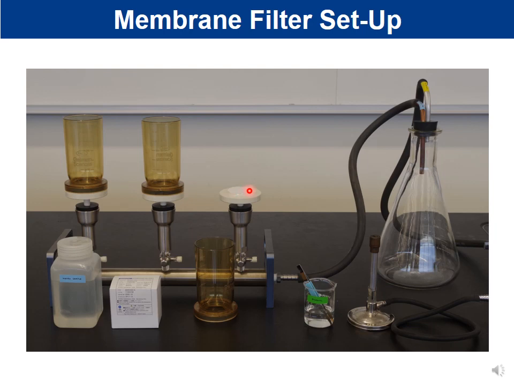So you would place your nitrocellulose on here when the cup is not on, grid side up. So you want the bacteria to be on the grid. So grid side up. Then, after you placed it on here, you would take your forceps and put it back in the alcohol.